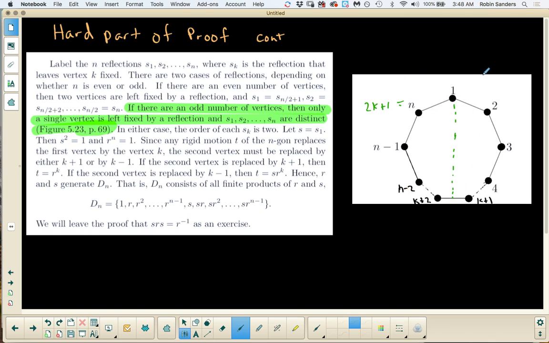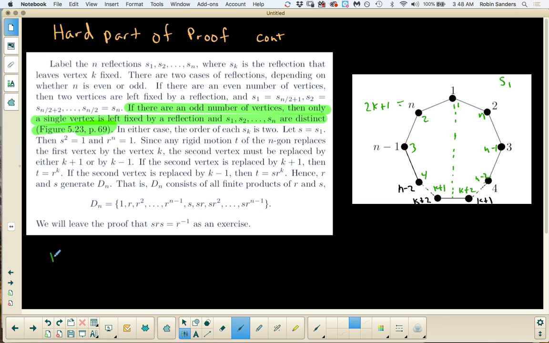And so S1 would be this line of symmetry, and in S1, 1 goes to 1, and 2 and n switch places, and 3 and n minus 1 switch places, and 4 and n minus 2 switch places, and then eventually we get down to k plus 2 and k plus 1 switch places.